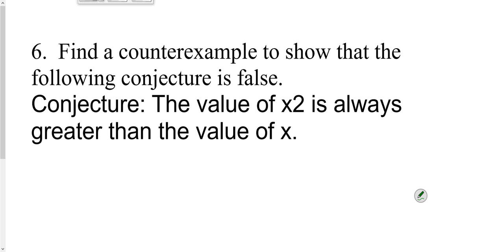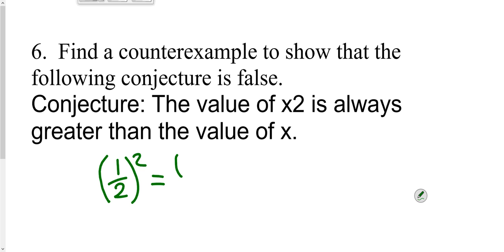How about fractions? If we use a fraction, and say 1/2 squared. What is 1/2 squared? Well, when you've got the square outside the parentheses, everything inside gets squared.